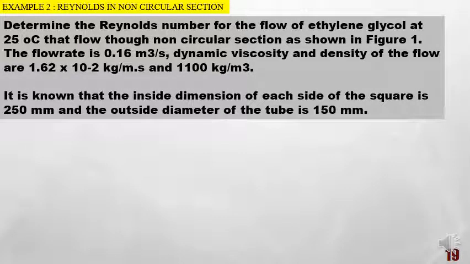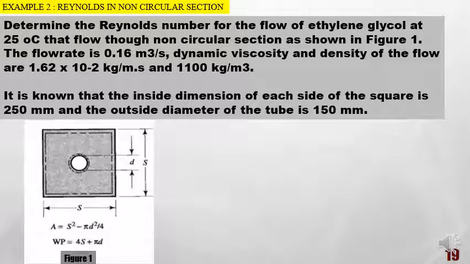Let's try an example of how we can calculate and categorize the type of flow in a non-circular section. Let's read through the question. It says: determine the Reynolds number for the flow of ethylene glycol at 25 degrees C that flows through the non-circular section shown in figure 1. Here is figure 1.